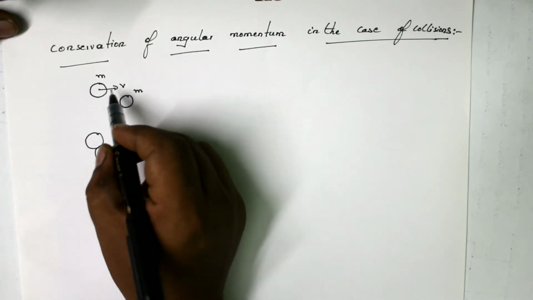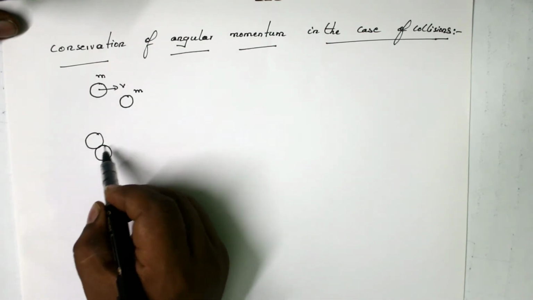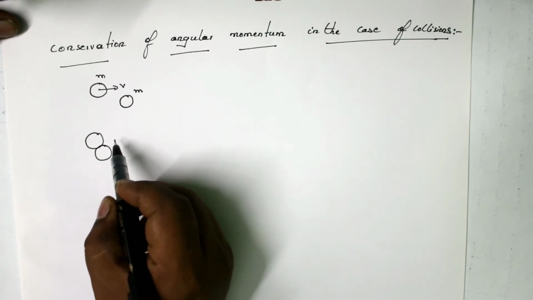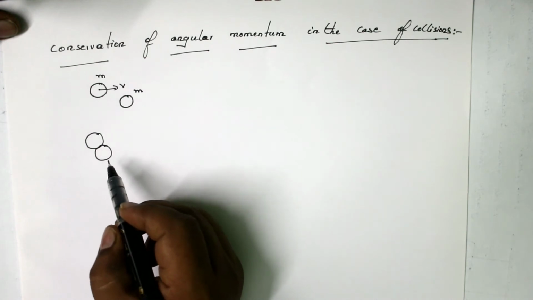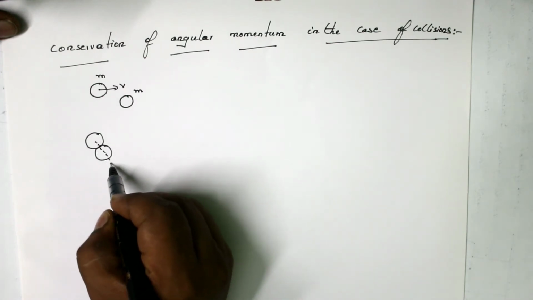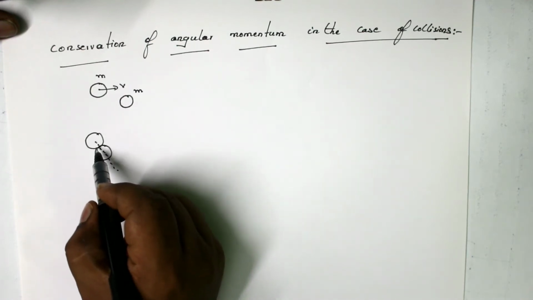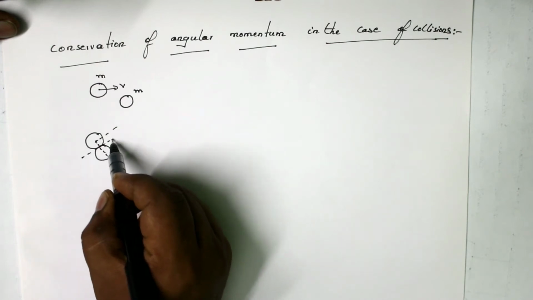So previously this was the velocity direction. So these bodies now have two components which we have already discussed. So this velocity vector I can split into two components. One velocity along common normal and one velocity along common tangent. So this will be the direction of common tangent here.